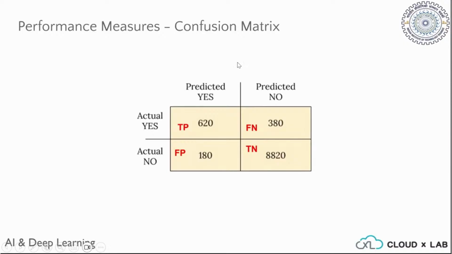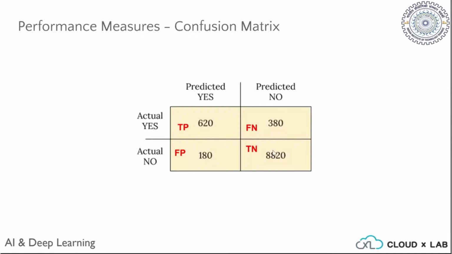Okay, so given this confusion matrix, can you tell me the total number of samples in our data set? It will be the addition of all four, which means 620 plus 380 plus 180 plus 8820 is the total number of samples in our data set.